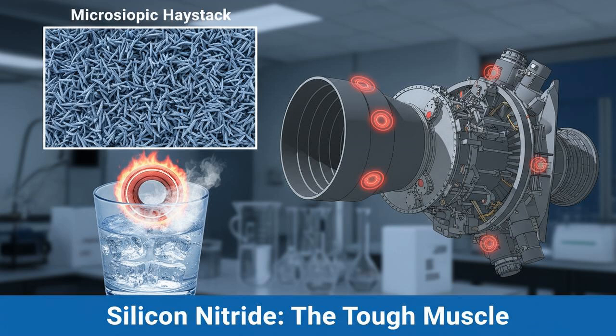You can heat a piece of silicon nitride to 1000 degrees Celsius and drop it directly into ice water, and it will not crack. This makes it essential for aerospace. The main engines of the space shuttle used silicon nitride bearings. These bearings are 60% lighter than steel, require almost no lubrication, and can spin at incredibly high RPMs without seizing up.